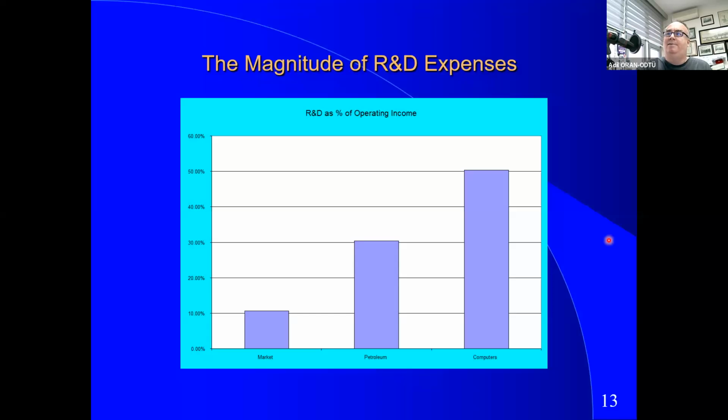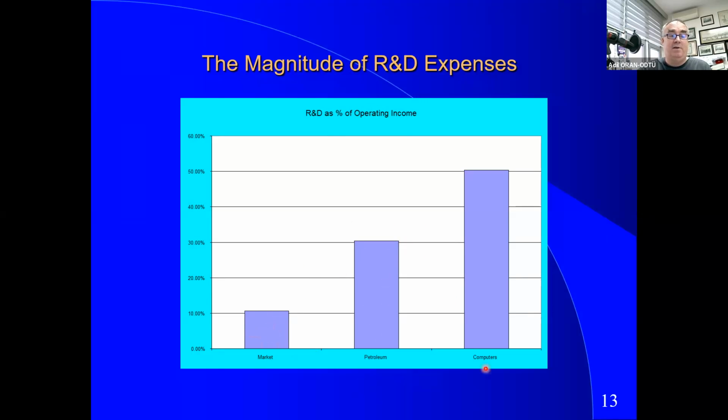So we said we may also need to adjust for research and development. Well, the market average for research and development as a percentage of EBIT is around 10% in the US. But in some industries, like petroleum, research and development might be developing more efficient ways to convert the petroleum you get out of the ground into fuels, or searching for new resources and so on.